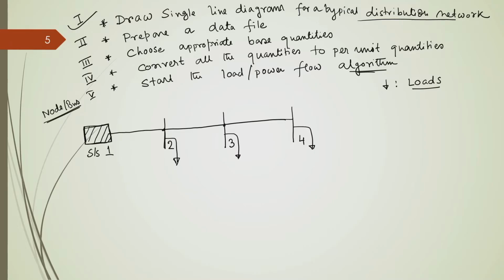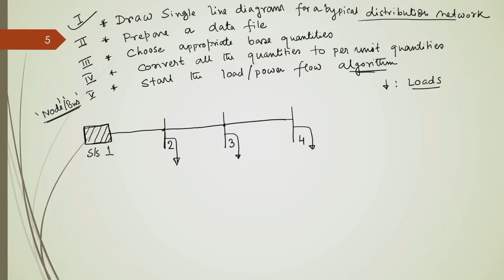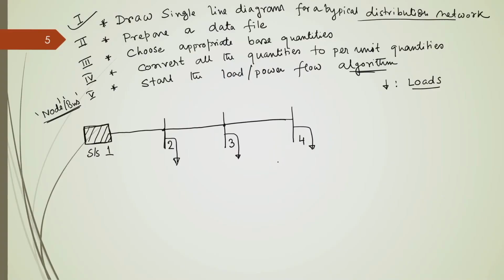But usually we use the terminology node to represent this nodal point, because for the same concept in a power transmission system, we use the terminology bus. Okay. So, this is a single line diagram. You can understand that although we have drawn it as a single line, it is actually a 3 phase network, okay. And all these loads are also 3 phase loads.